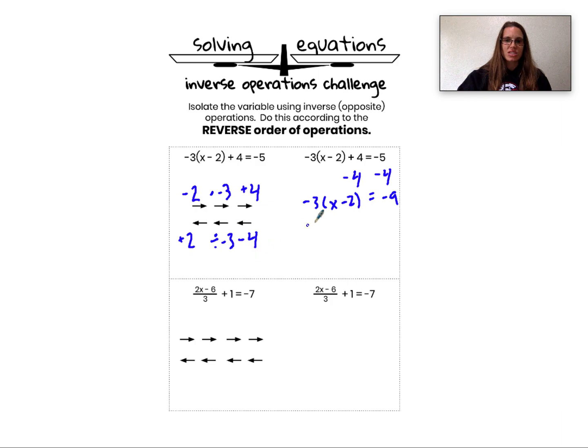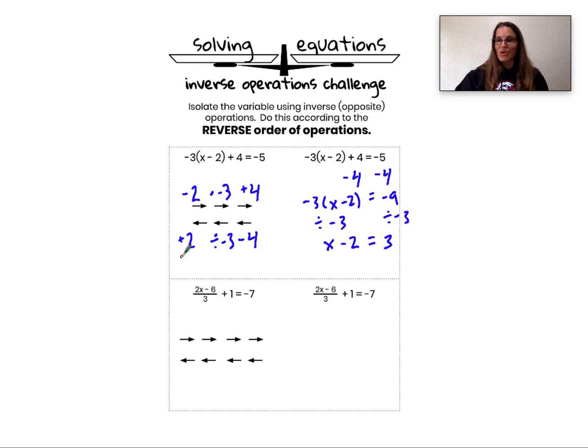Next inverse operation is going to be to divide both sides of my equation by negative 3. Negative 3 times x minus 2 divided by negative 3 is just x minus 2. So dividing by negative 3 undoes this times negative 3. On the right-hand side, I have negative 9 divided by negative 3, which is 3.